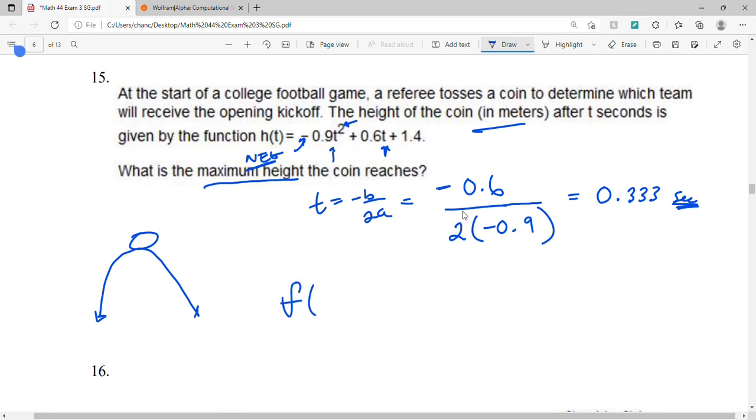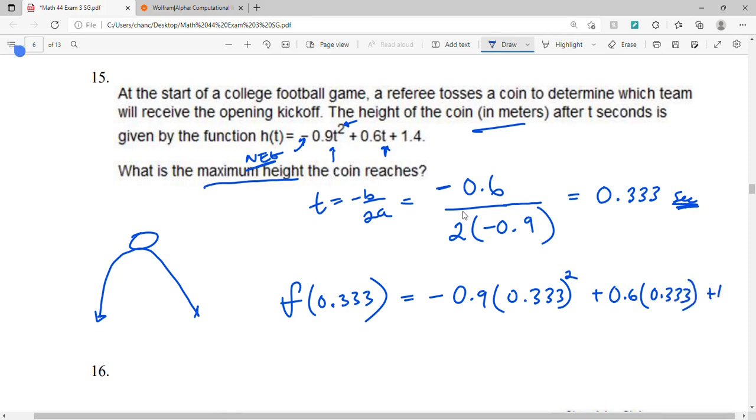Now we'll plug that into our equation. H of 0.333 is equal to negative 0.9 times 0.333 squared plus 0.6 times 0.333.